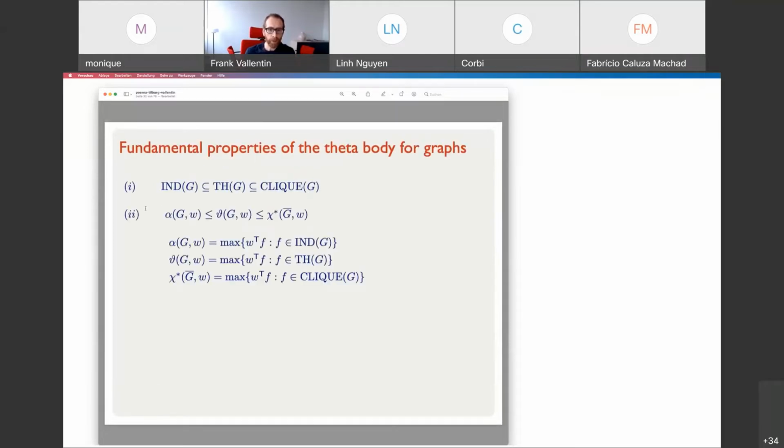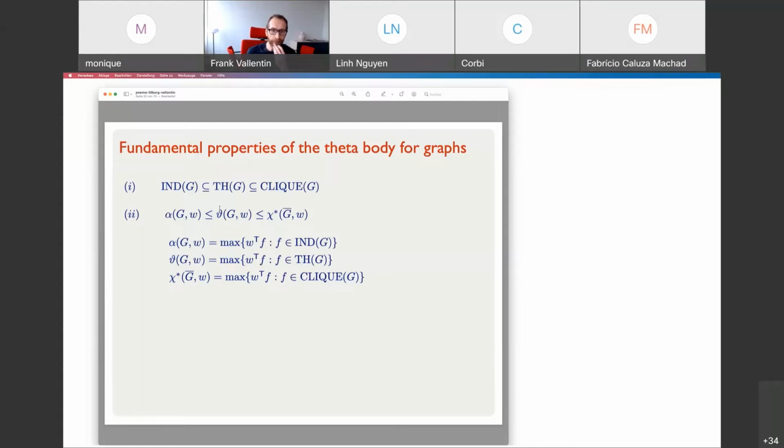Then property 2: this is reflected by the corresponding optimization parameters. If you optimize a weight function W over the independent set polytope, you get alpha(G, W). Then this is less or equal than doing the same thing over the theta body.